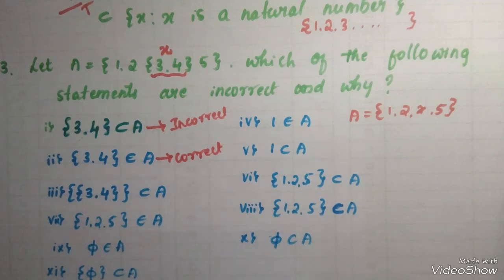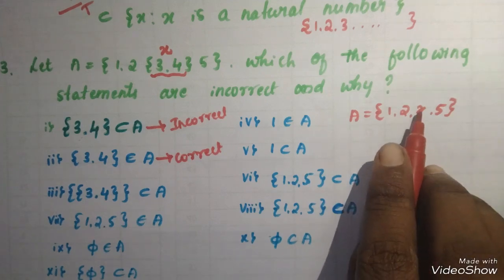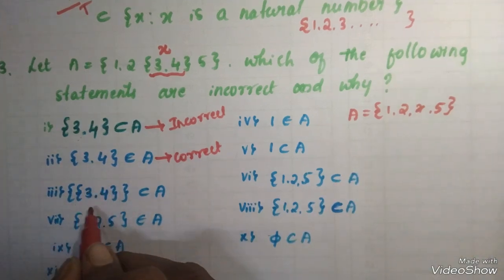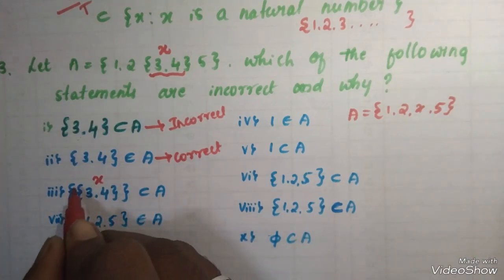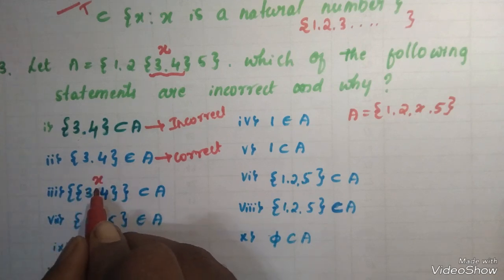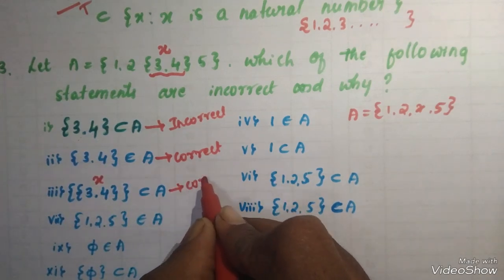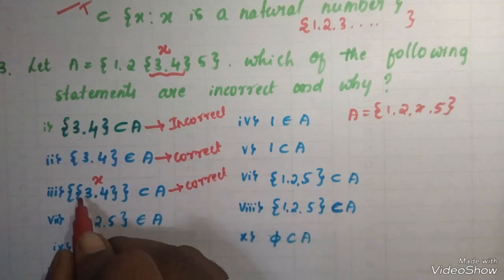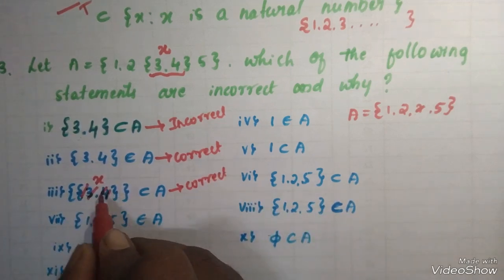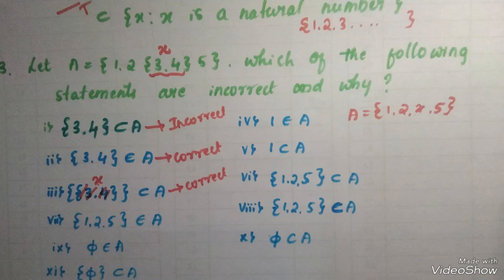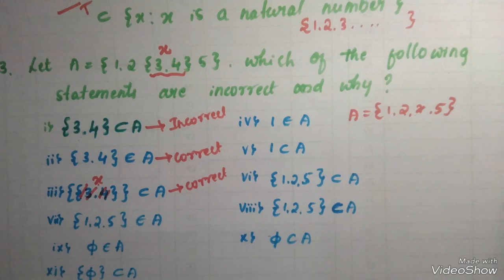Then question number 3: replace {3, 4} by X. So a set containing X belongs to A. I replace {3, 4} by X, therefore the set containing the element X which belongs to A is a correct statement.